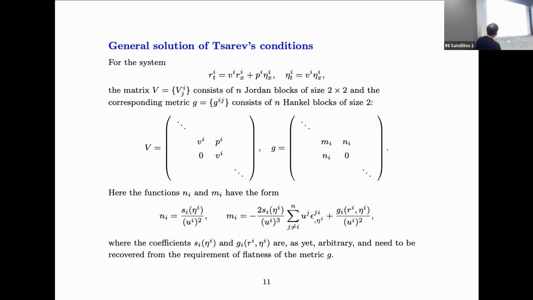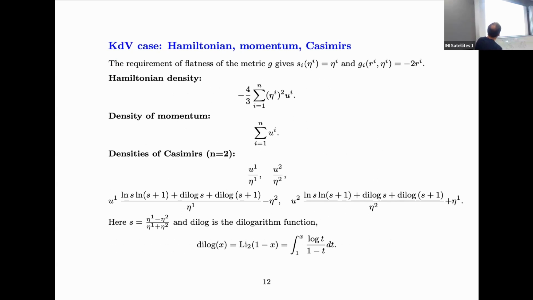So remember, I have these arbitrary functions of one variable and arbitrary functions of two variables, right? So for KdV, you have to substitute the corresponding soliton kernel, right? So for KdV, you get s_i's are just eta_i's, g_i's minus 2 eta_i, and this choice is unique. Right, only for this choice the metric is flat. So I have only one local Hamiltonian structure.